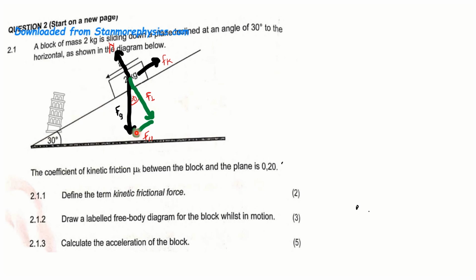Now, from there, I want us to draw a free body diagram. We will write a dot so that we can identify the forces well. From the dot, we draw the arrow for the friction force. From there, we draw the arrow for the normal force.